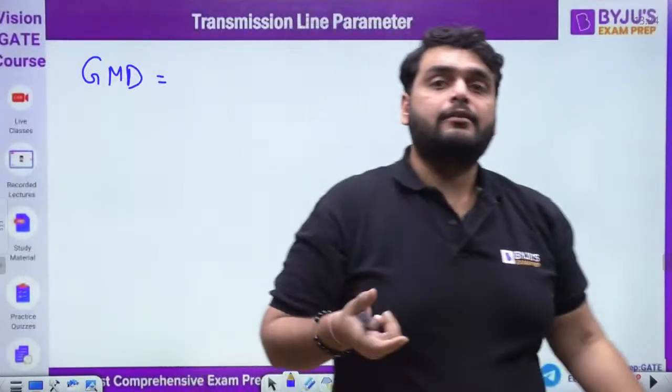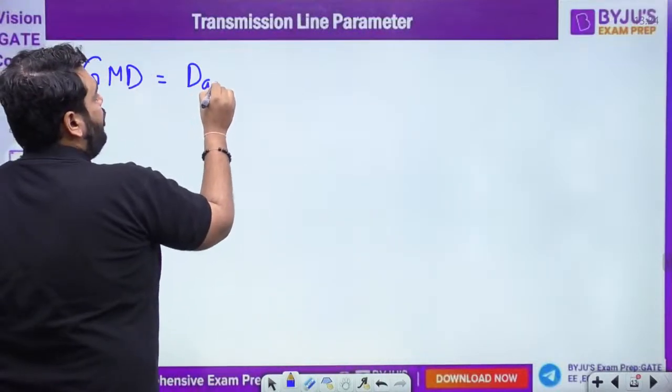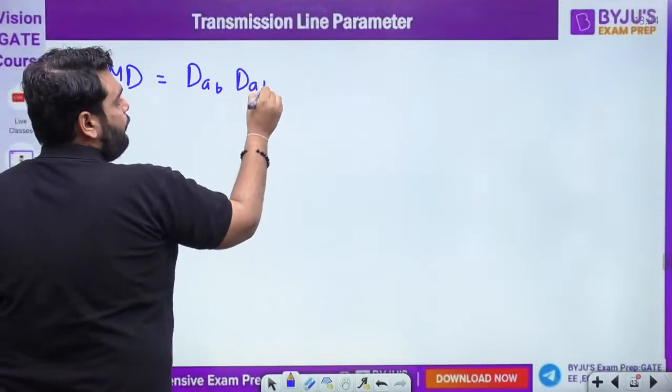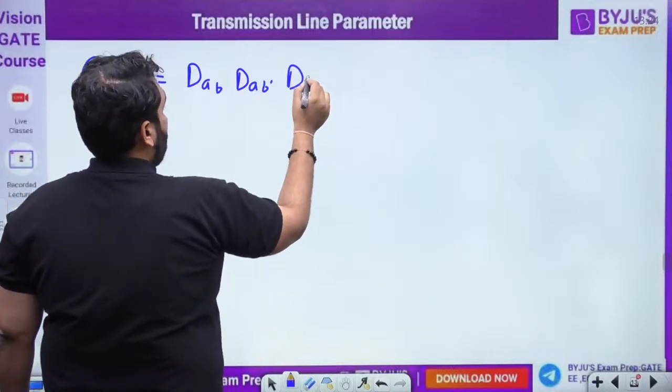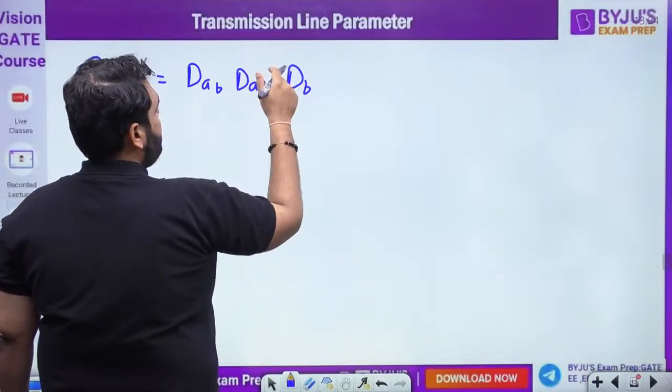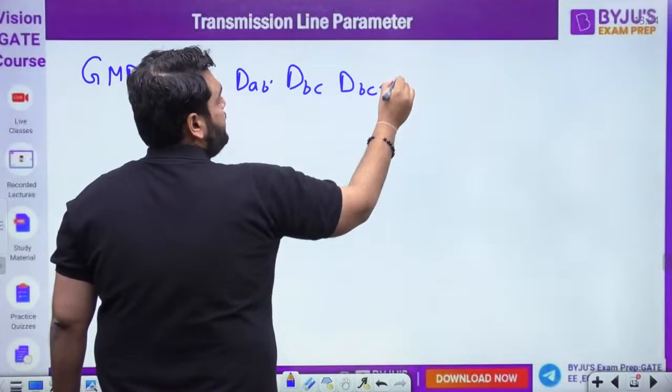Now then, when we find out the GMD, in GMD you have to write down all the distances you have. All the distances means the distance of A from B, distance of A from B dash, okay, distance of B from C, distance of B from C dash, okay.